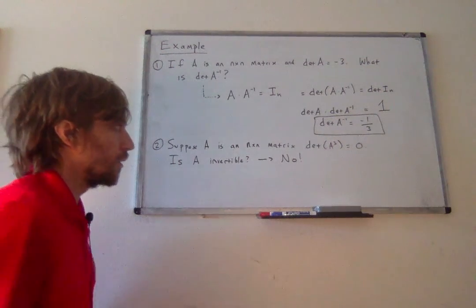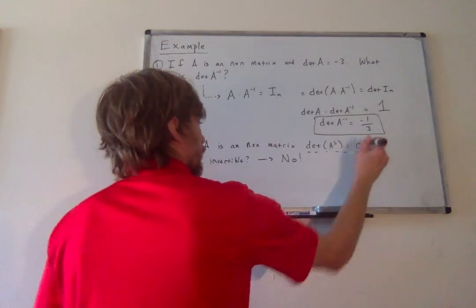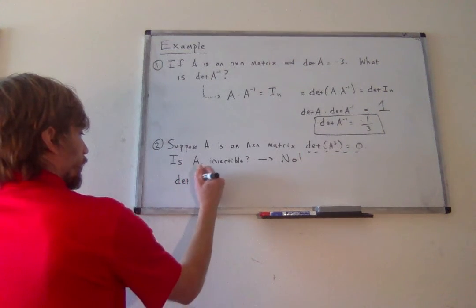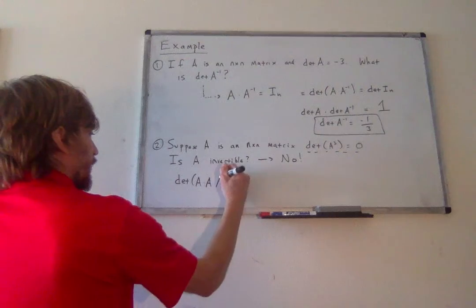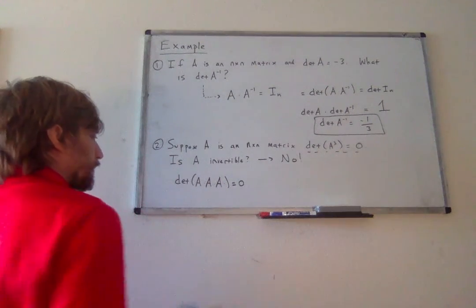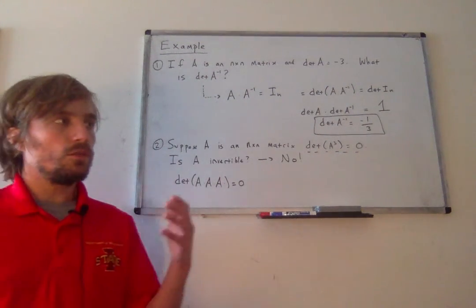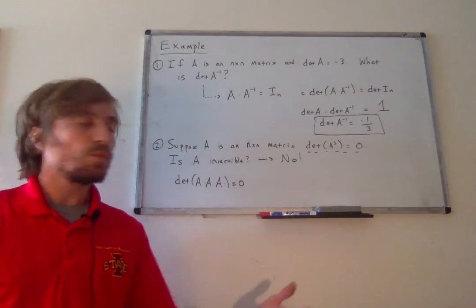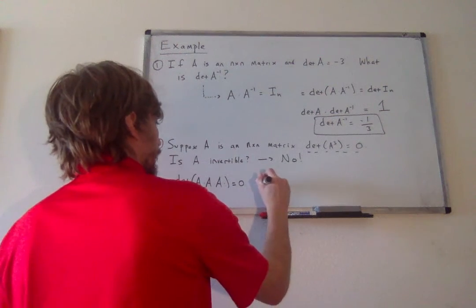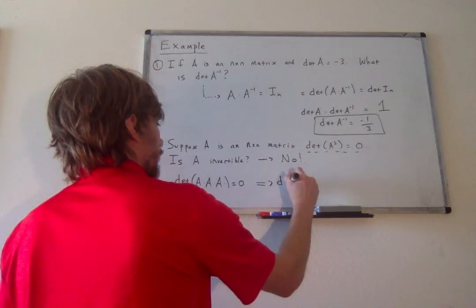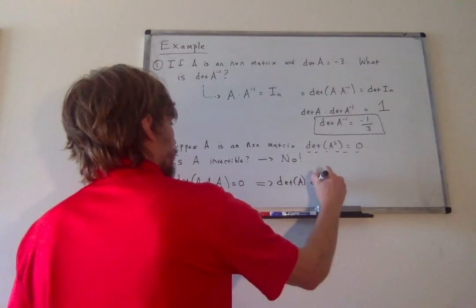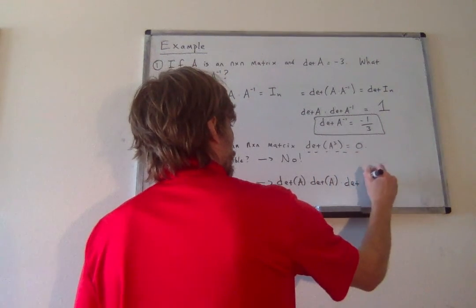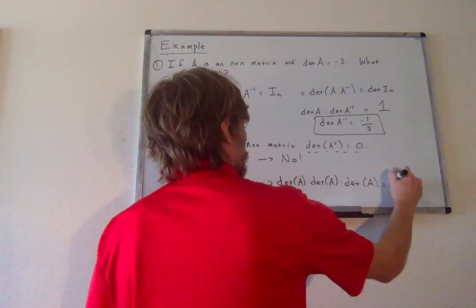So what is the reason? Because the determinant of A cubed is equal to 0, this means the determinant of A times A times A is equal to 0. We didn't show it, but you can actually split up determinants across any number of products. And so this implies that the determinant of A times the determinant of A times the determinant of A is equal to 0.